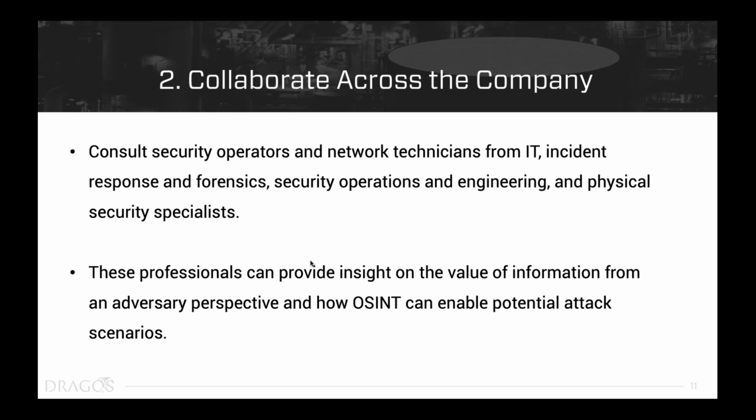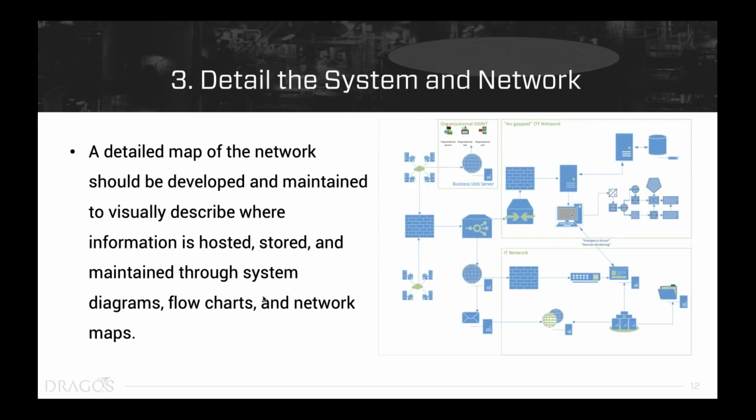All of these folks from across your company have different experiences and different levels of insight into how these processes work and integrate with each other, as well as information that might seem very important for a particular process or function that you might not realize the value of. So that's why it is super important to use a cross-company collaboration method when you are approaching these risk assessments.